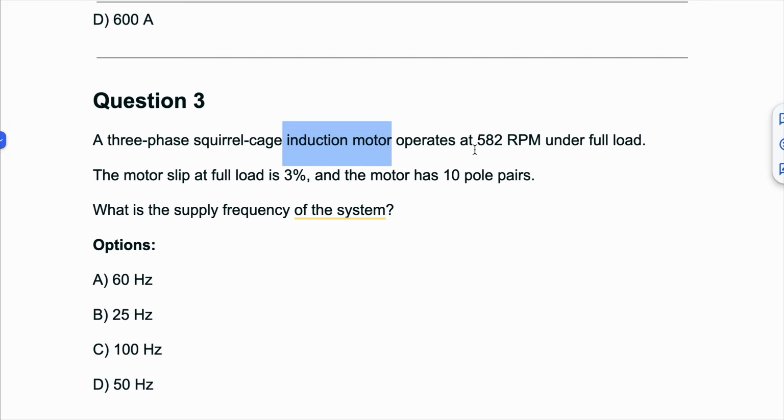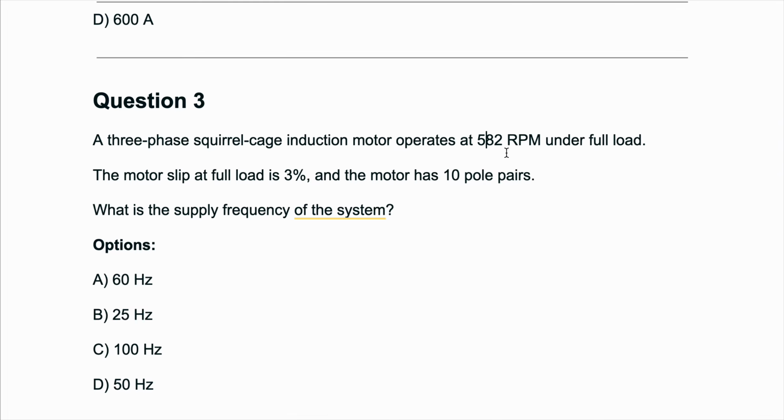So here we have a three-phase squirrel cage induction motor that operates at 582 rpm under full load. So 582 is the speed of the rotor when the rotor is turning.